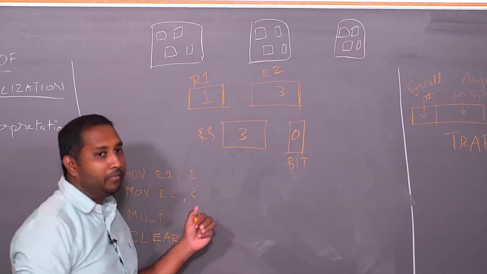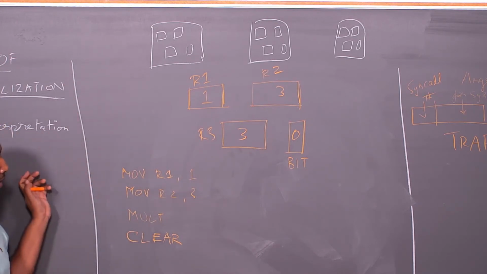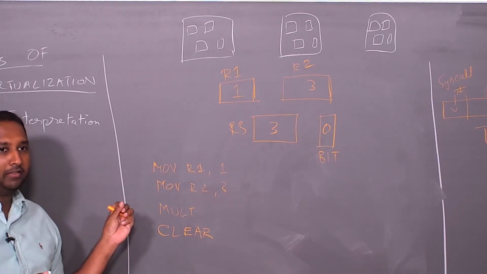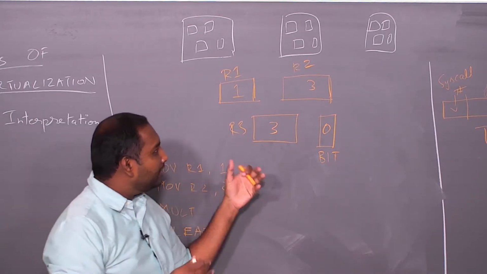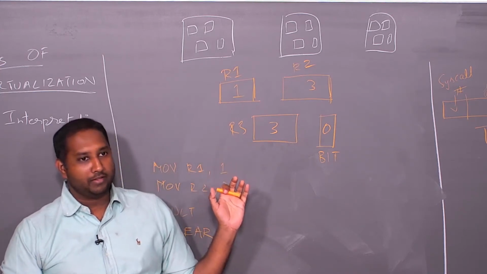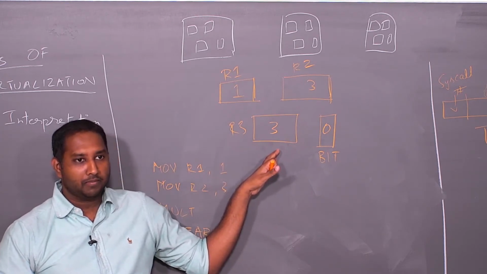They all think that they are the only person using this underlying hardware, but we are really supporting 3 different instances. The first thing that should strike you is that if we wanted to do virtualization, we need more than the resources being virtualized, right?